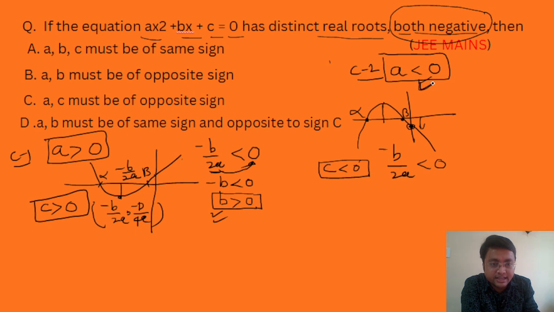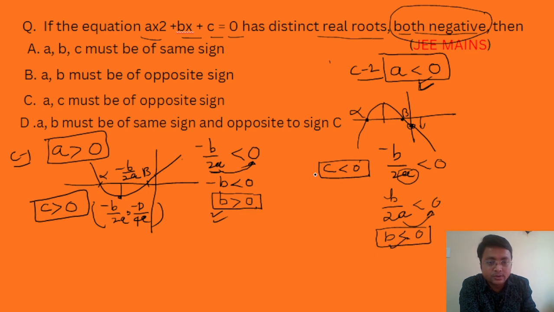Understand very clearly, here a is negative. If a is negative, then negative and negative is positive, so the entire expression b by 2a will be positive, and this will be multiplied. So what can we write then? b less than 0. So now here b less than 0, c less than 0 and a less than 0.